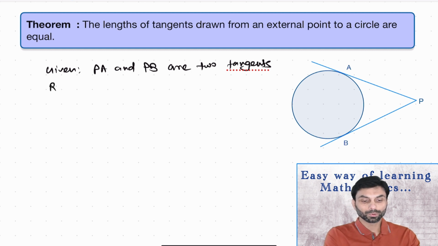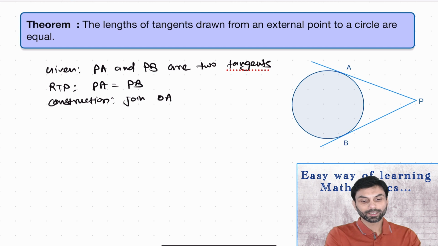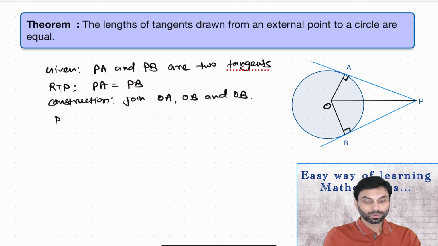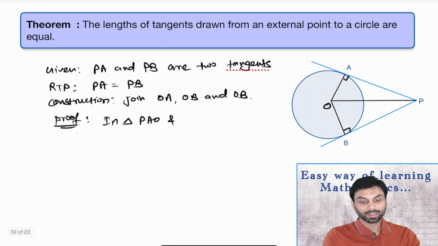We have to prove that PA equals PB. In order to prove that, we'll join OA, OB and OP, where O is center of the circle.